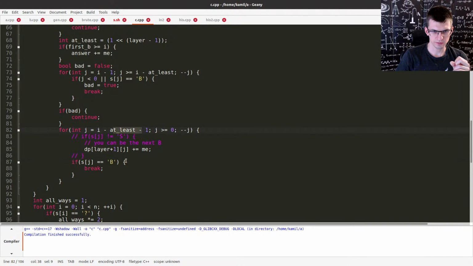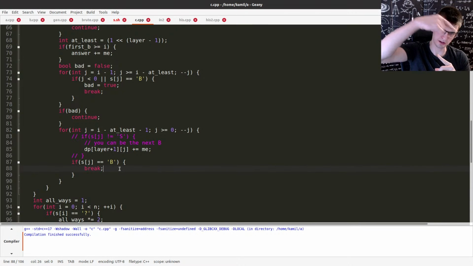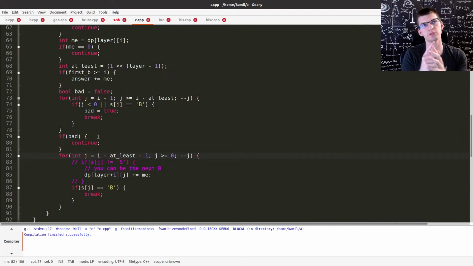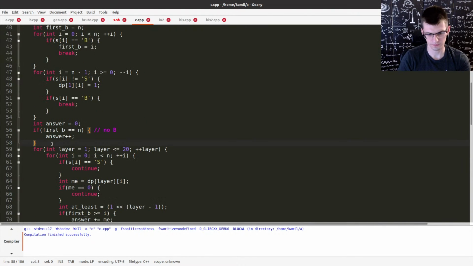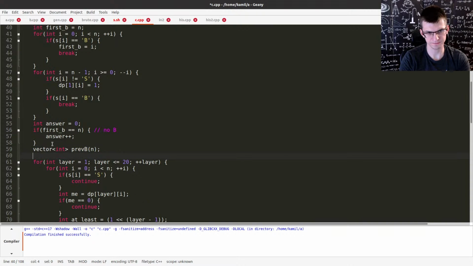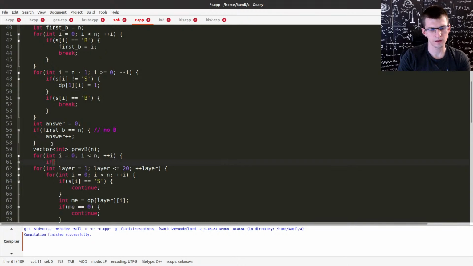So starting from this position to the left, find the first B, or just position 0, and you can add to this interval. Fine, let's do that. From every position, I need to know the previous B. Can it be 0?